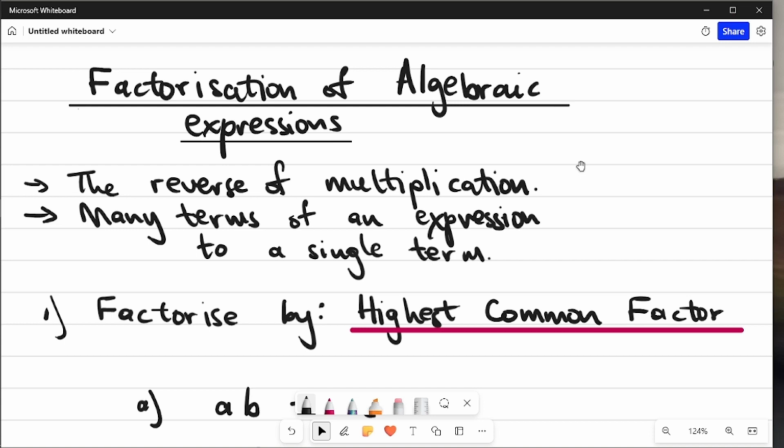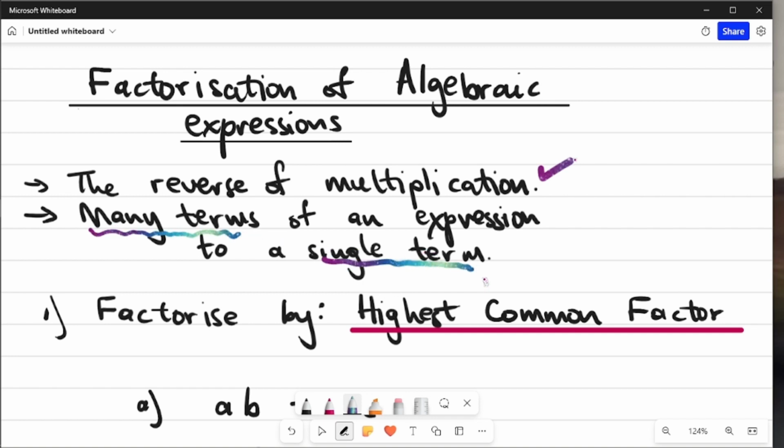Today, I want us to look at factorization of algebraic expressions. As you have seen in the previous video, factorization or factoring is the reverse of multiplication of expressions. I also mentioned that when we factorize, we are basically turning many terms into a single term.